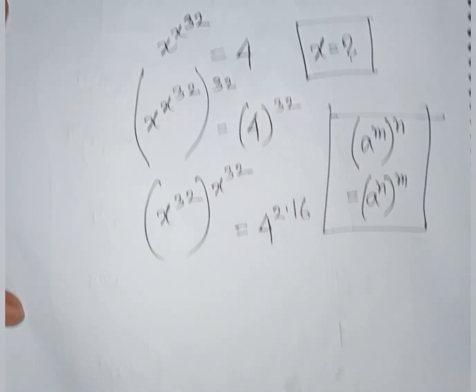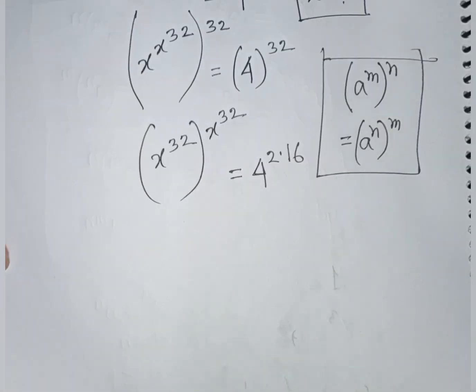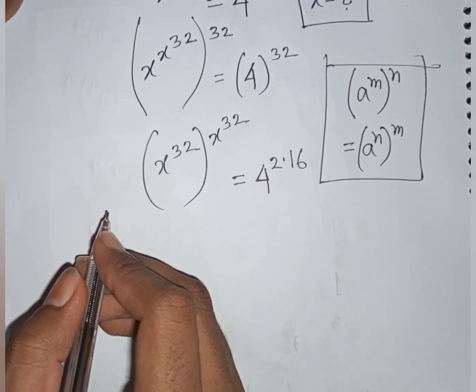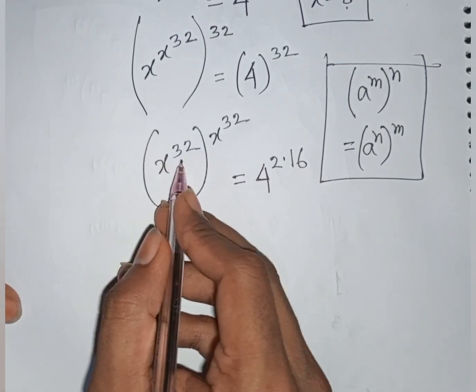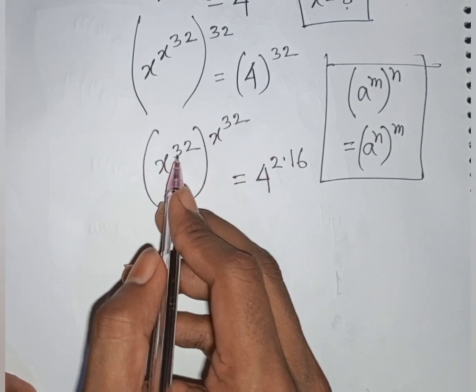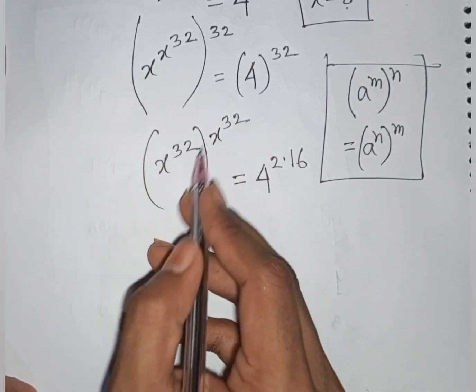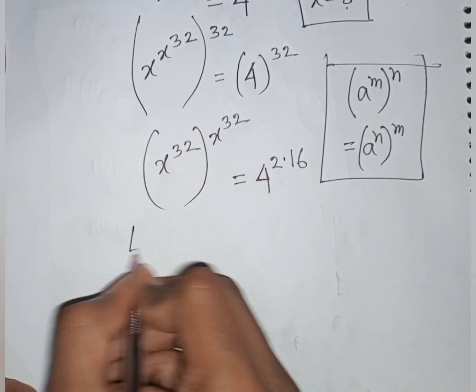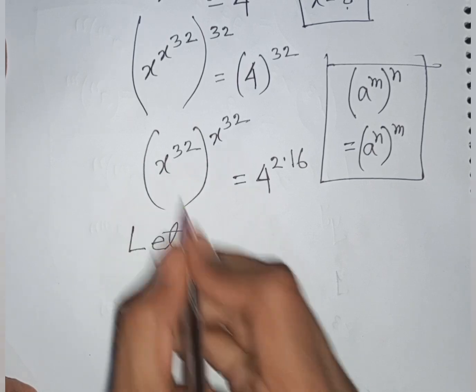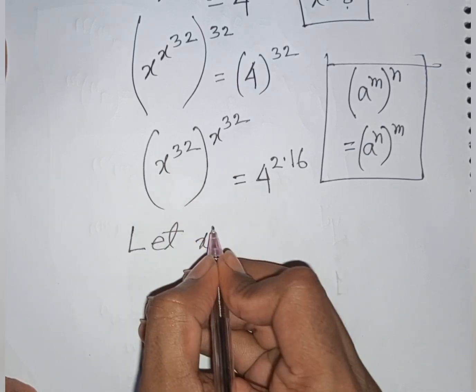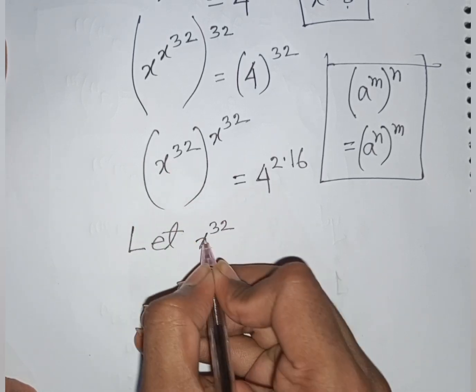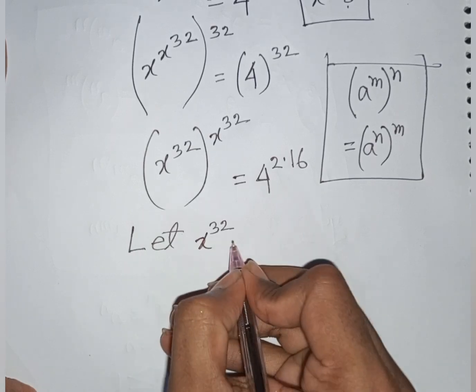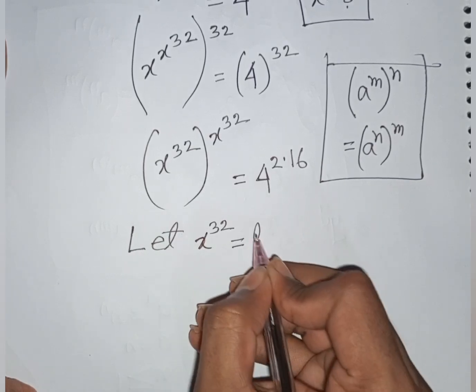Now we see x^32, both terms are the same, base and power are the same. So let x^32 be substituted by t.